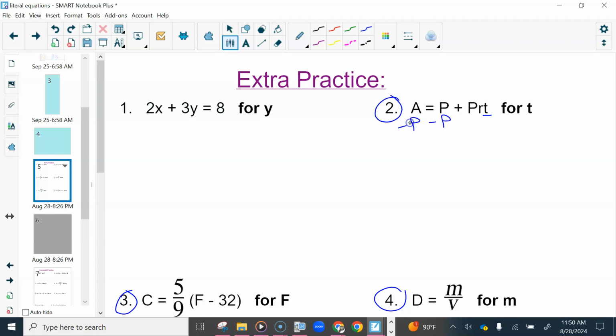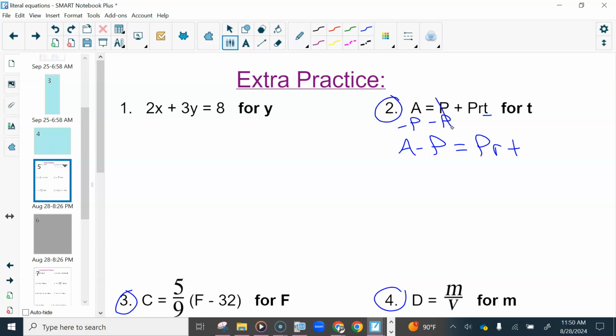Subtract p on both sides. Did you subtract 2p? So no. Only because this one is connected to something else. So these are not like terms. If they both had that PRT, then yes, I could do something more with that. Okay. And then if this were just like R and T, I would just divide it.